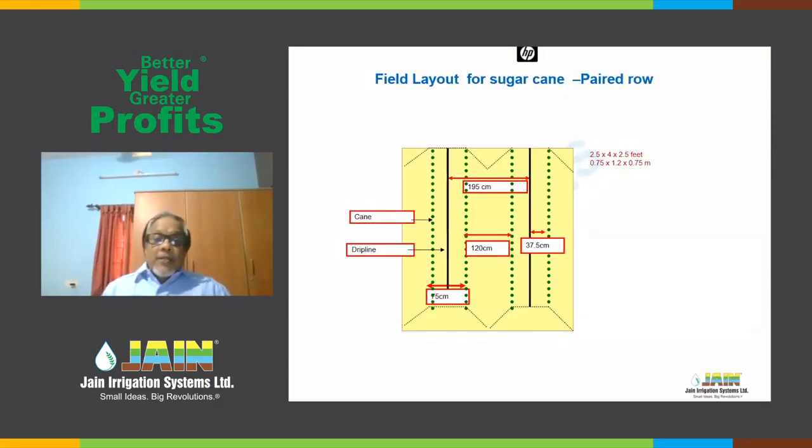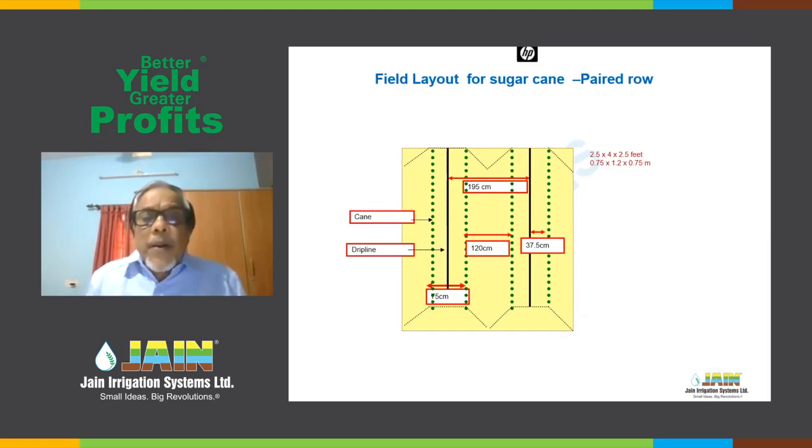Now, here what you see in a paired row is that the two rows of cane are closer, 75 centimeters apart, and you have a lateral in the middle. So the lateral to the first row is 37.5 centimeters and 37.5 centimeters on the other side, which is actually 2.5 feet.